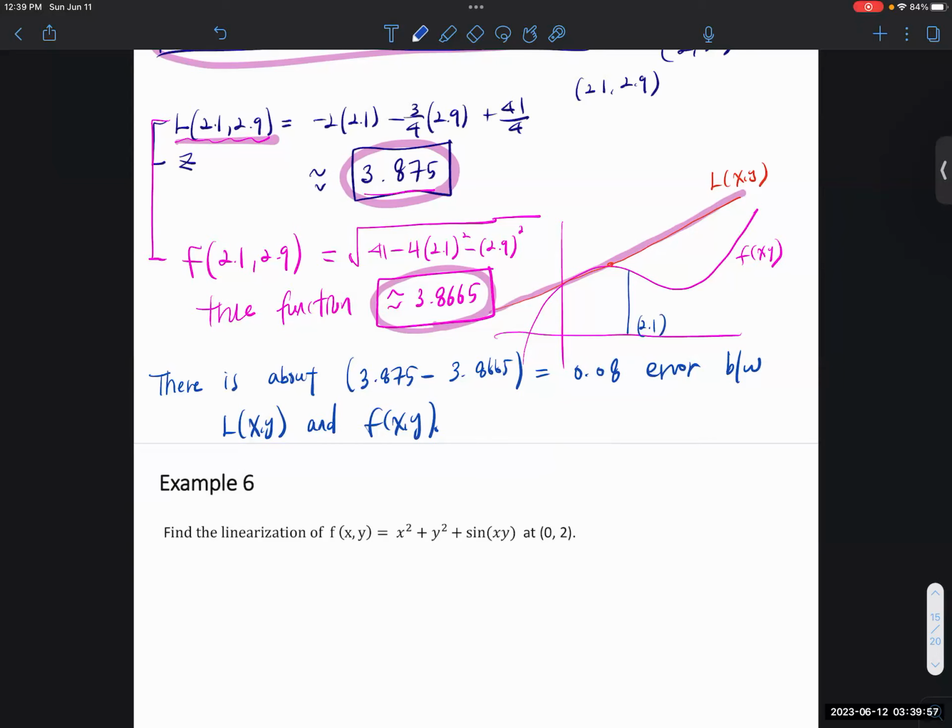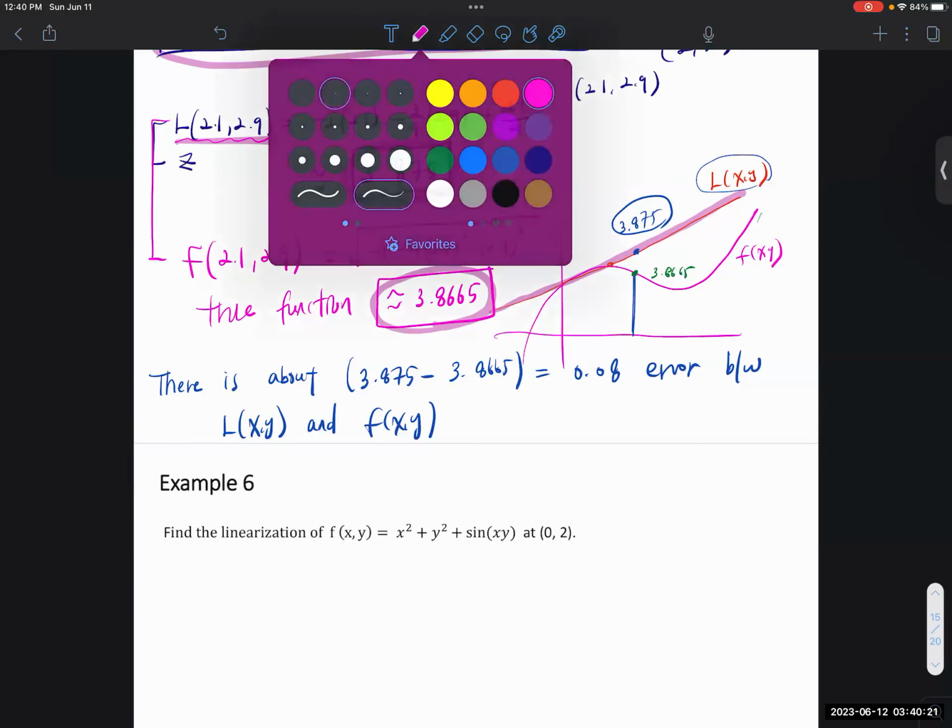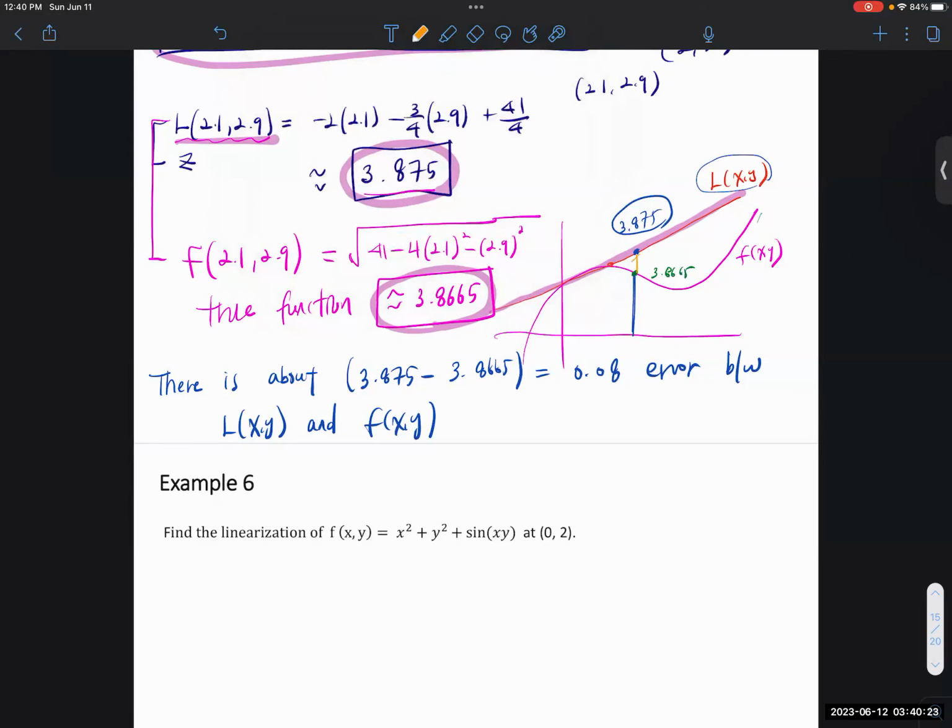When you have 2.1 and 2.9 and plug into the linear approximation, you got the outcome 3.875. When you hit the function, you got the outcome 3.8665. The gap here is the error.